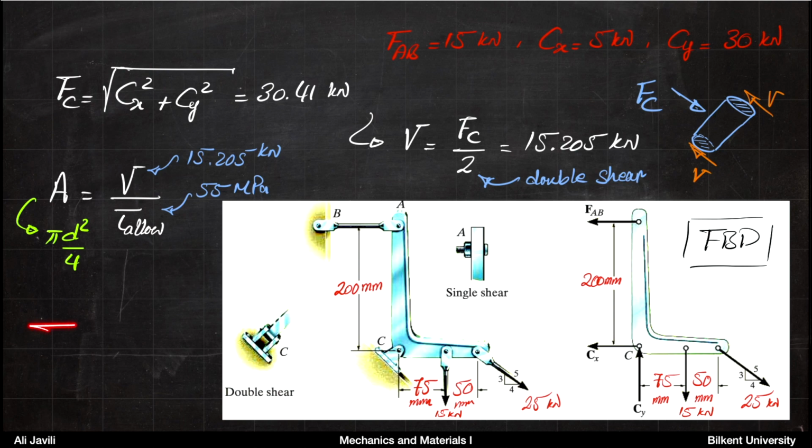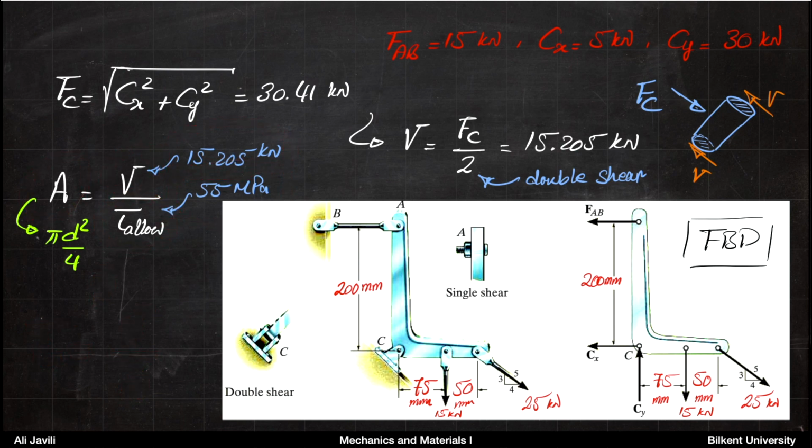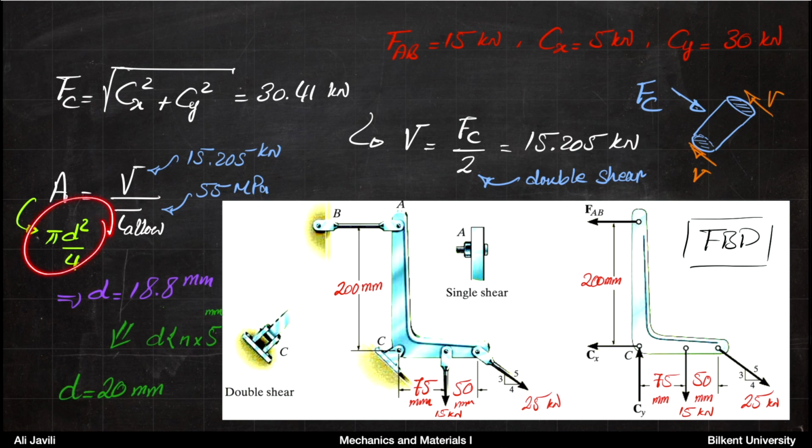Now, if you remember, shear stress is shear force divided by area, telling you that area is shear force divided by shear stress. Now you know the shear force, and you know the allowable shear stress. From that you can calculate the area. So if you do that, the cross-sectional area here, let's call it pi r squared or pi over 4 d squared.